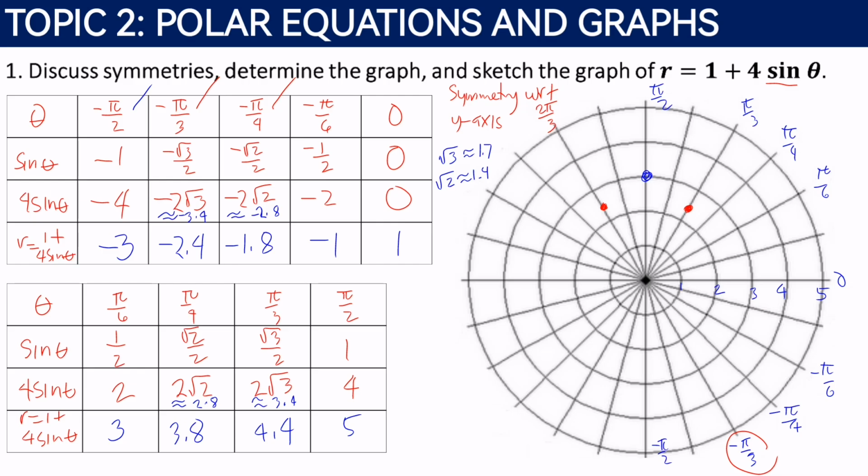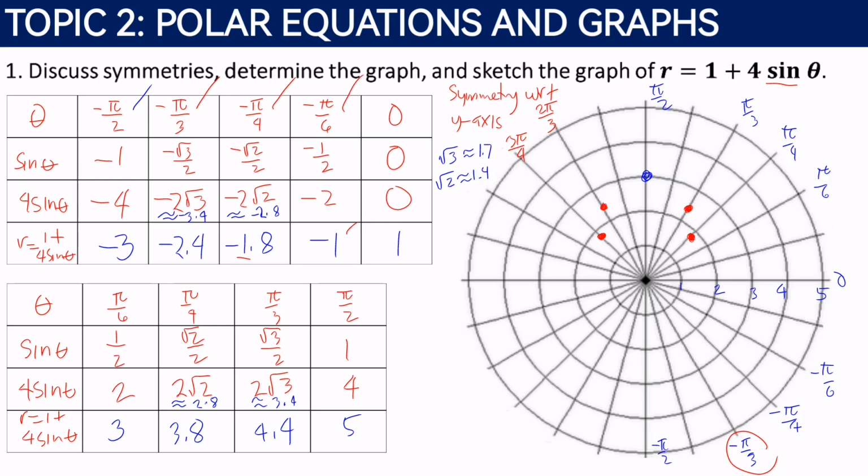Next, negative pi over 4. Negative pi over 4 is over here. It's negative 1.8. So opposite to that, which is 3 pi over 4, I should have a point 1.8 here. And that should also be here, since there is symmetry. Next, negative pi over 6, negative 1.